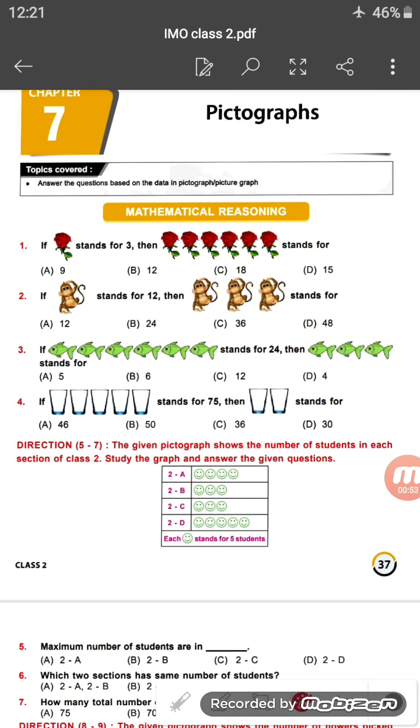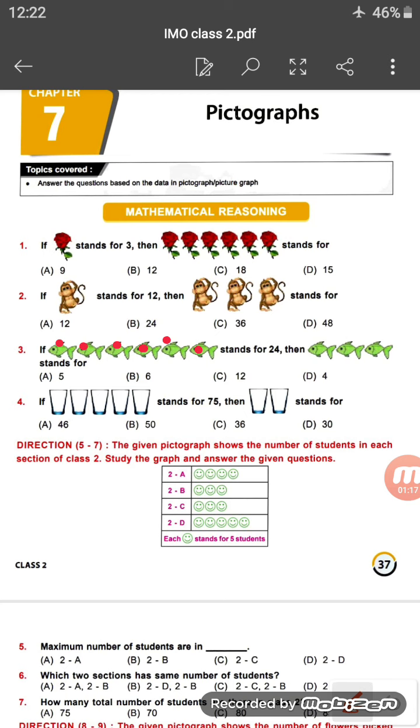Now, if 1 2 3 4 5 6 fish stand for 24, then 3 fish stand for, just imagine children, 6 fish stand for 24, which means each stands for what?